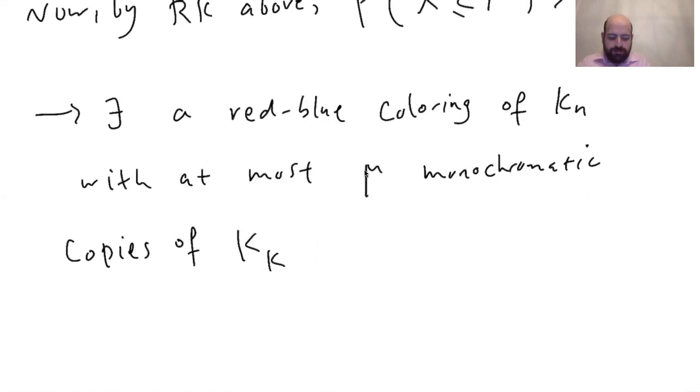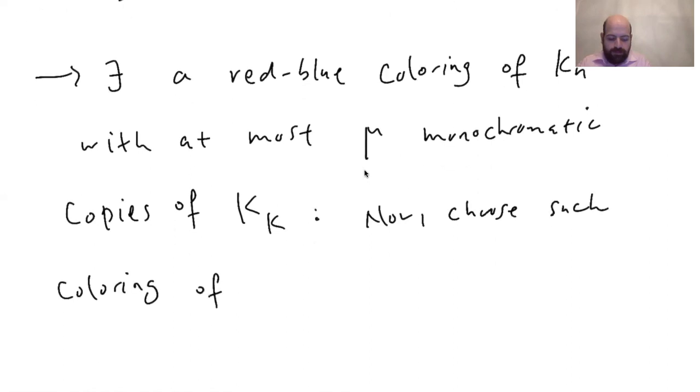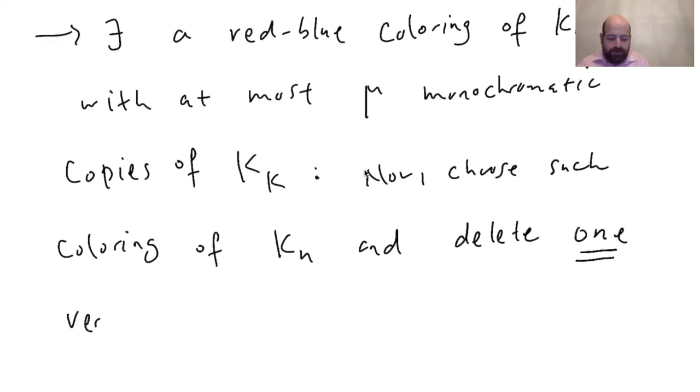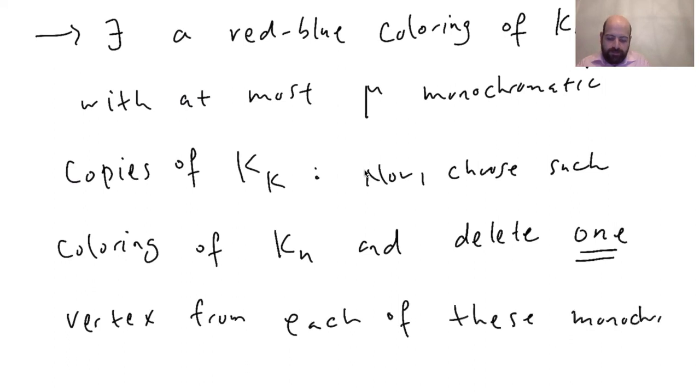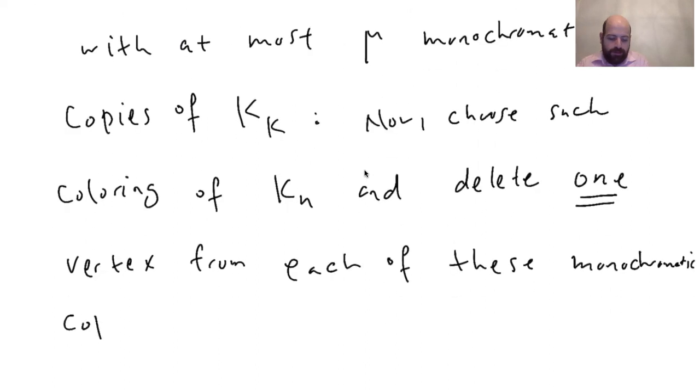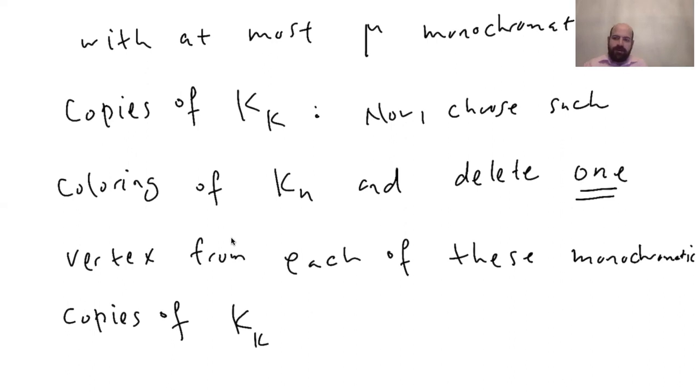Now choose such a coloring of Kn and delete one vertex from each of these monochromatic copies of Kk.